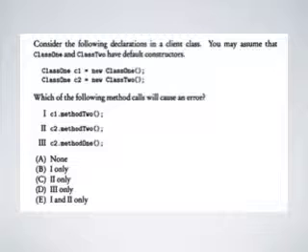Second, c2.method2. If c2 calling method 2 caused an error, then what we saw from the description would be incorrect. But since we have already found an explicit declaration of method 2 inside of the code of class 2, the execution of method 2 by c2 will not cause an error.